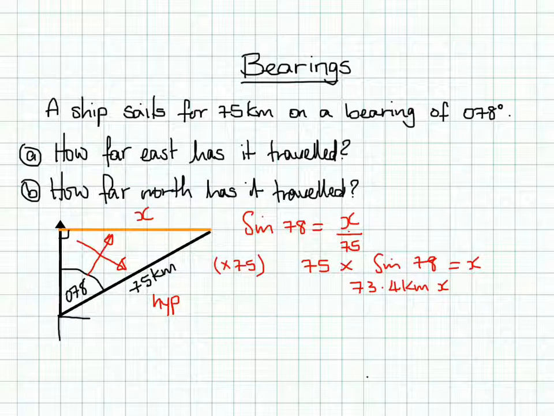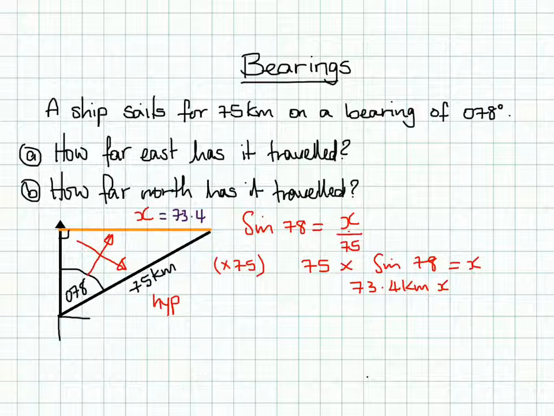I already know that this x is 73.4 kilometers. Since I already know two sides of this right angle triangle, I think I will use Pythagoras to find this third side here because it's quicker, and it reminds me also of Pythagoras and how to use it.